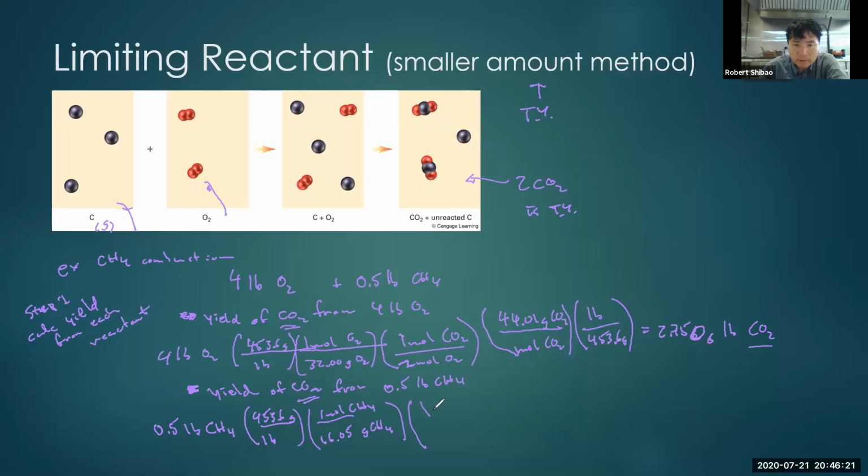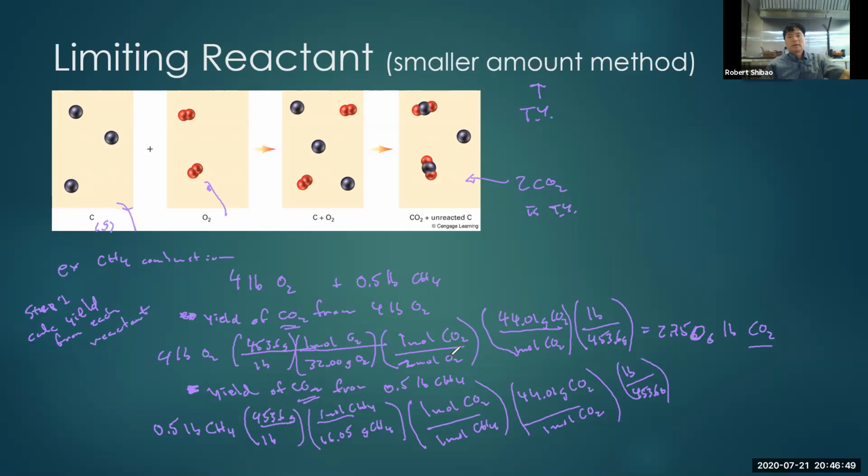So it's going to be 1 mole of CO2 for every 1 mole of methane. And then grams of CO2, 44.01 grams of CO2 per mole of CO2. And then to pounds. And a pound is 453.6 grams.